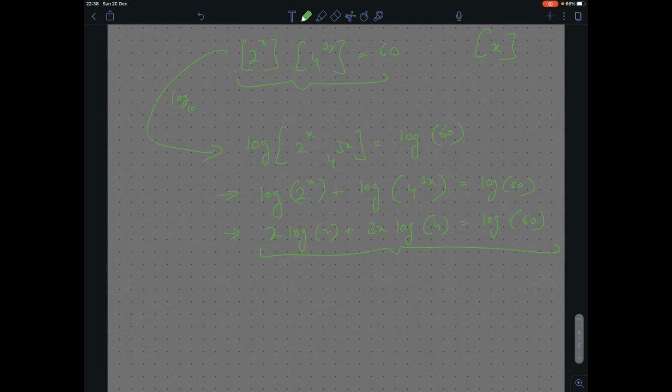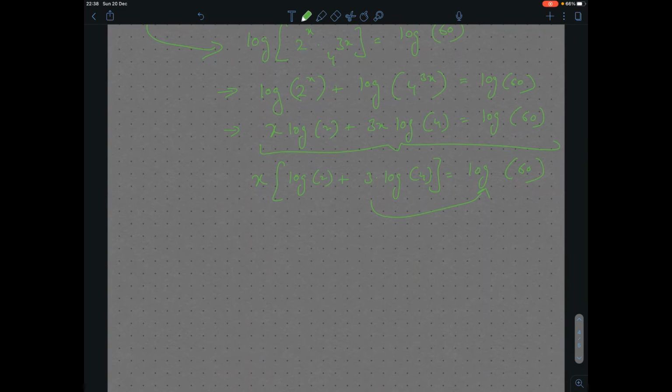We can factor out the x and solve the equation. So factoring out x, what we're left with is log of 2 plus 3 times log of 4, that is equal to log of 60. Okay, so we just take that on the other side and get the value of x.